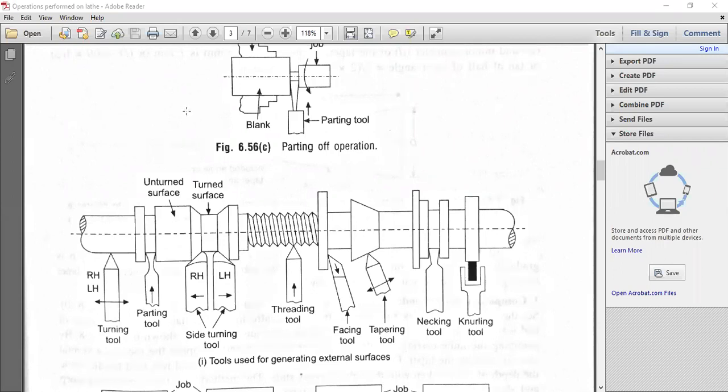And this is the turned surface, the side turning tool just for the turning operation. That's also very important. You just try to see what you mean by right hand and left hand. That is very important. So you just try to see.